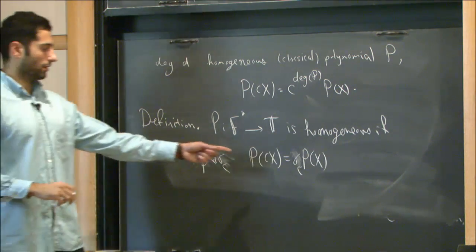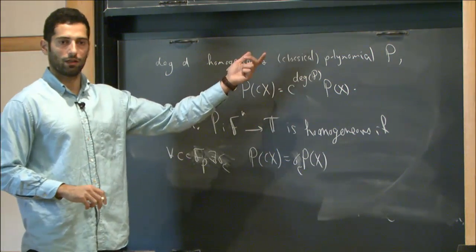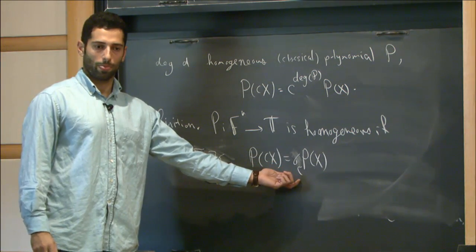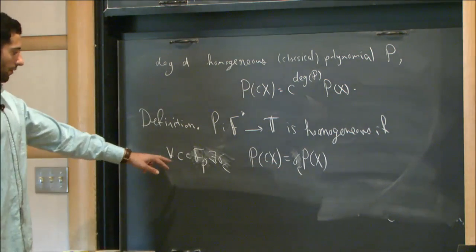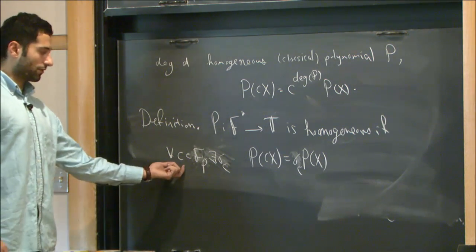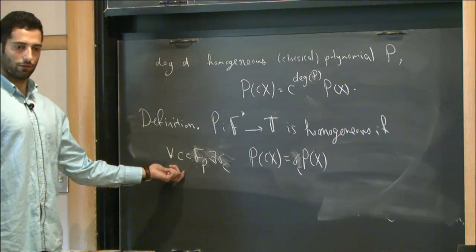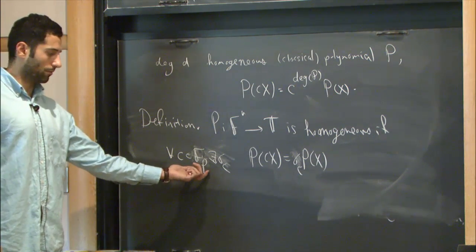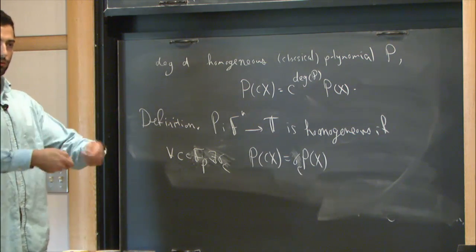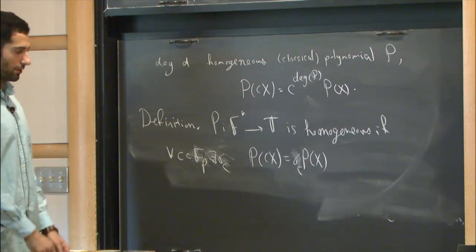So we don't get C to the degree. We just require some constant. And you only need to have this for a generator of the multiplicative group of F_p, and then you can repeatedly apply it to get what you wanted.